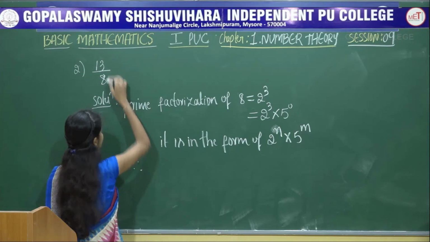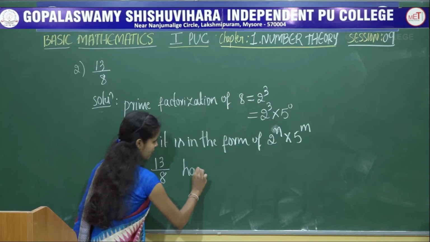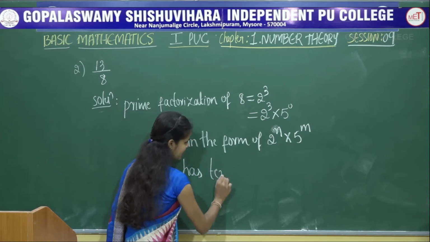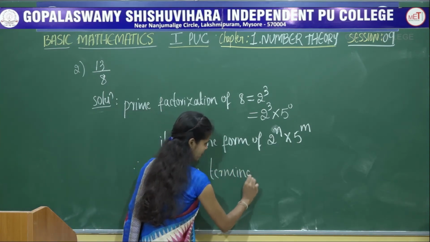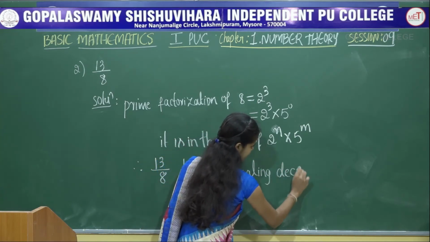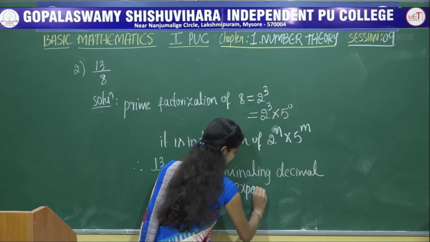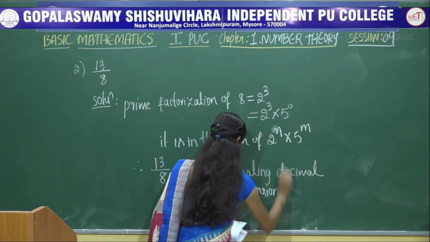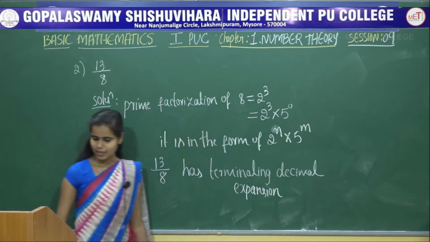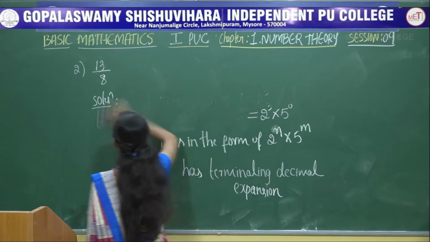Therefore the given rational number 13 by 8 has a terminating decimal expansion. Terminating decimal expansion. Okay. Next problem.